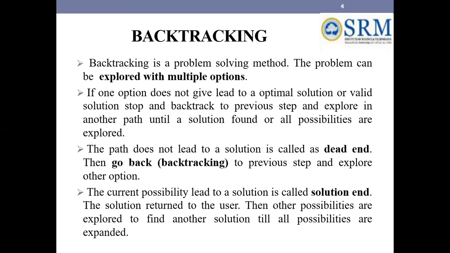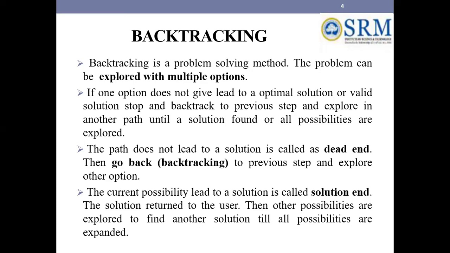What is backtracking? It is a problem-solving strategy. It can be applied where there are many possibilities to find the solution, so that we can try multiple ways to find a solution.